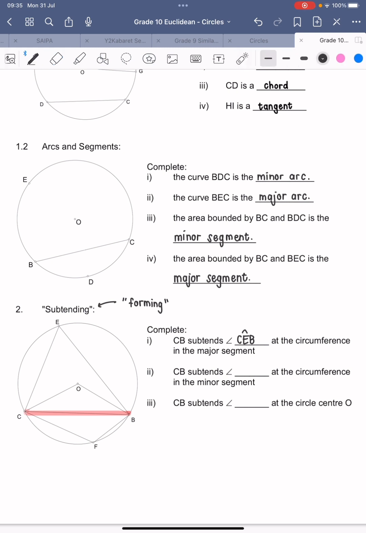Next one, CB subtends angle what at the circumference in the minor segment. So now the minor segment is this one here at the bottom. So what angle is that? At F, hey. So angle CFB.